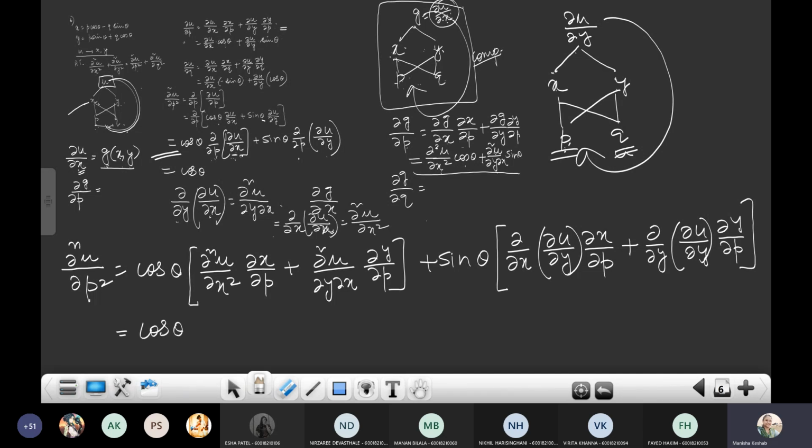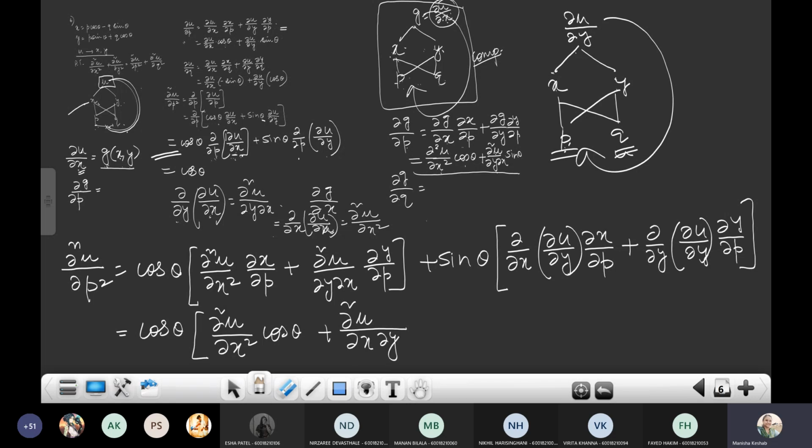Okay, so cos theta into, now what about this ∂²U/∂X²? We don't know the value, so let me write it as ∂²U/∂X². Now ∂X/∂P I know, so ∂X/∂P is cos theta, plus ∂²U/∂Y∂X, which is the same as ∂²U/∂X∂Y. Okay, as long as there is no discontinuity this will remain the same.